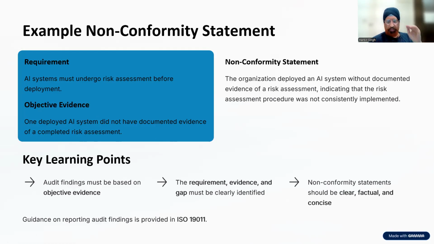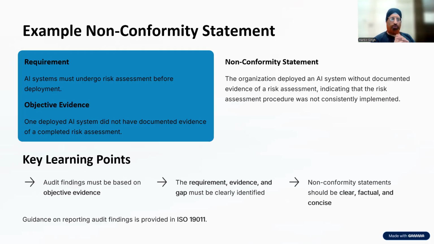Now you have the requirement and evidence. What is the non-conformity that you will raise? You will raise the non-conformity as: the organization deployed an AI system without documented evidence of the risk assessment, indicating that the risk assessment procedure was not consistently implemented, or was not implemented the way it has been documented.